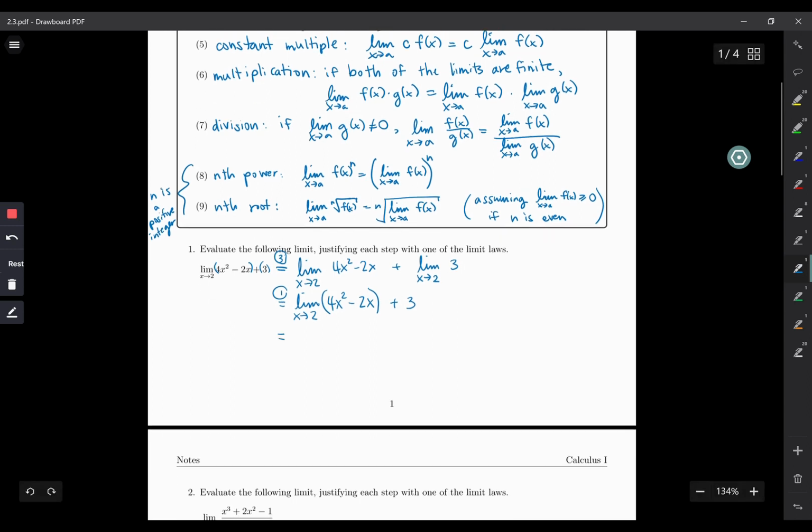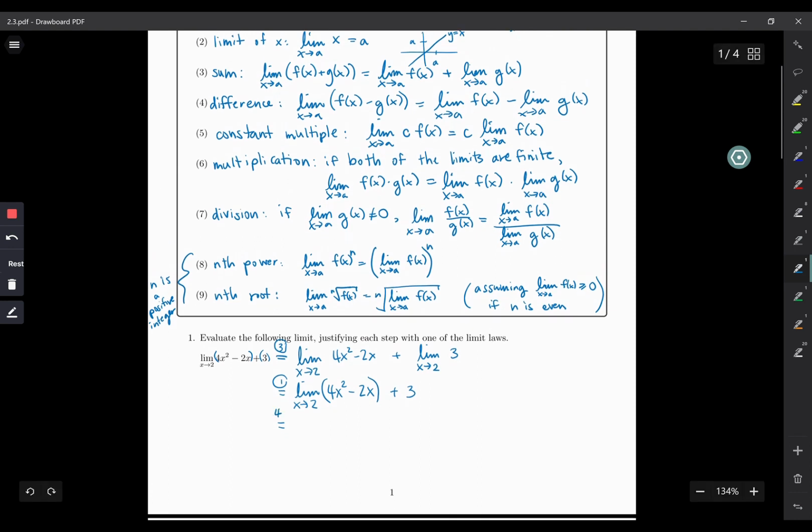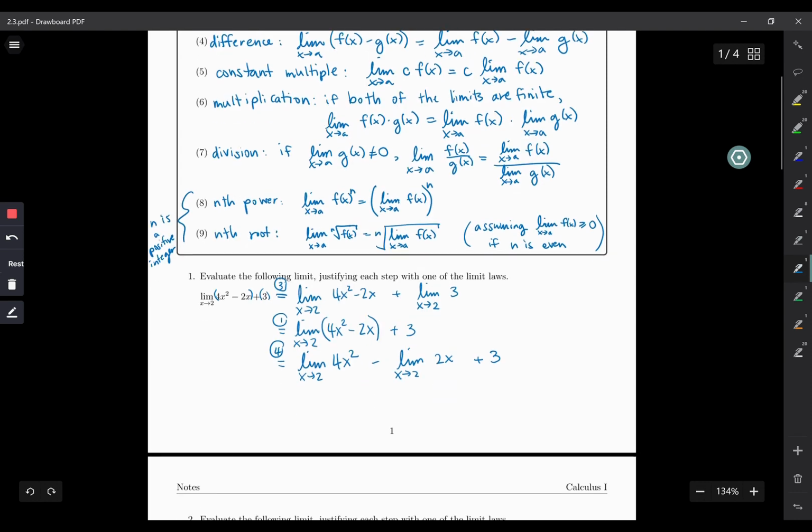Then I'm going to use the difference rule, which is the fourth limit law, to split this into two functions. I will have the limit of 4x squared minus the limit as x goes to 2 of 2x, plus 3.